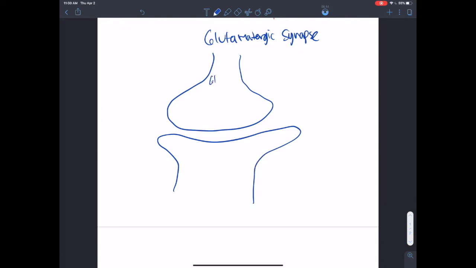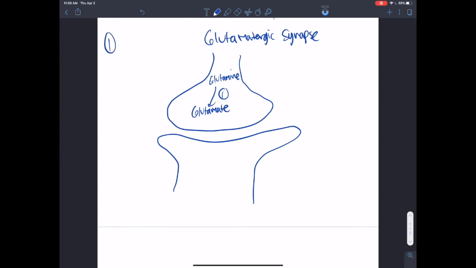So glutamine, which is also an amino acid, is going to be turned into glutamate by this first enzyme here. So that's glutamate. So here's our mature form of the neurotransmitter.